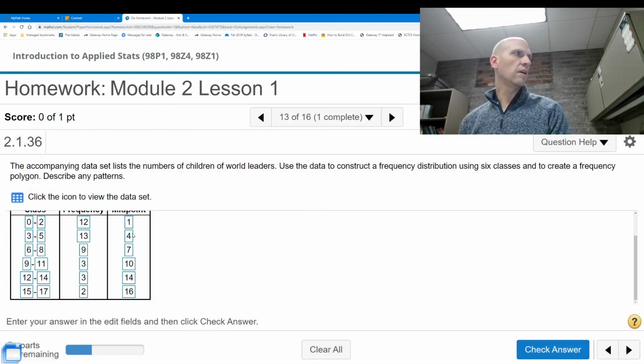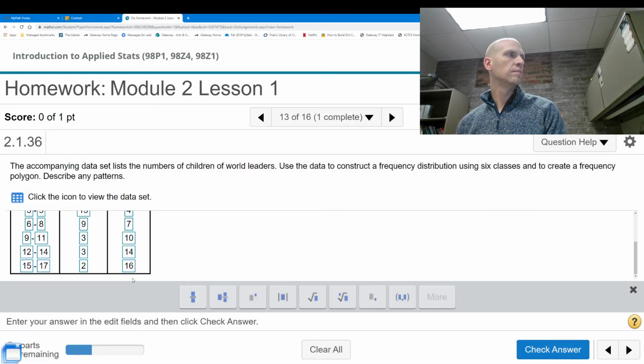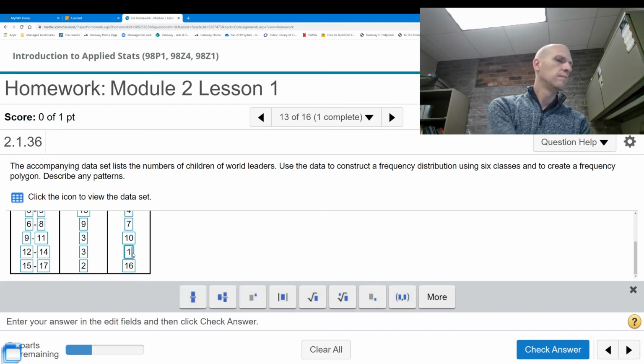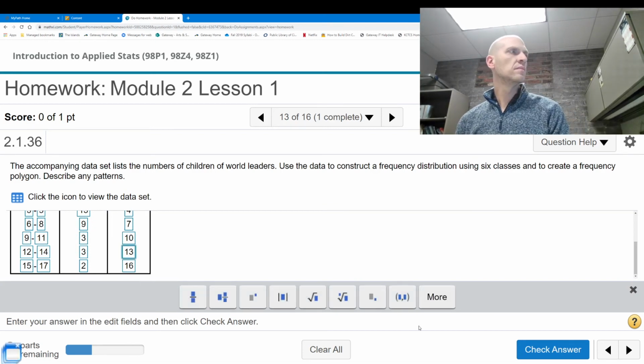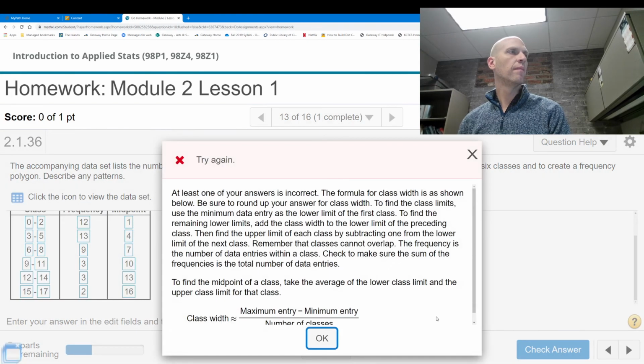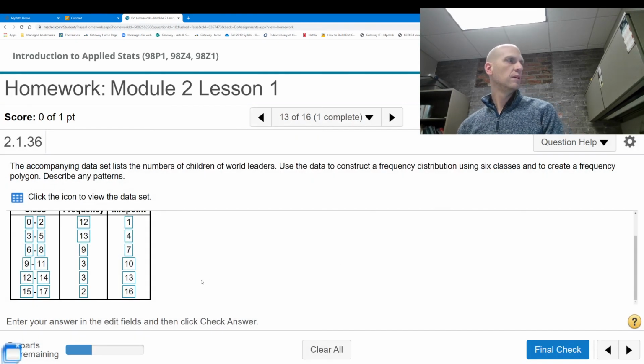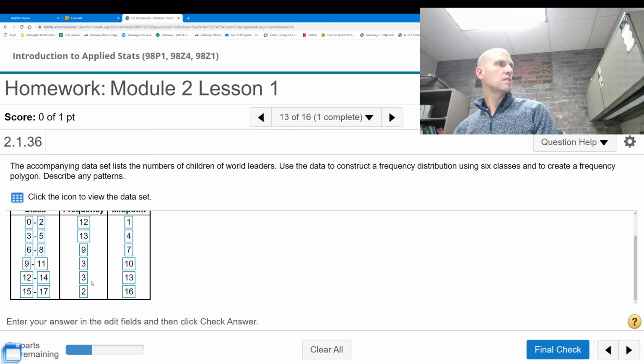What did I do wrong there? I can see a pattern. Maybe not. Oh, goodness. Where did I go wrong? Let me double check these entries. Those look good.